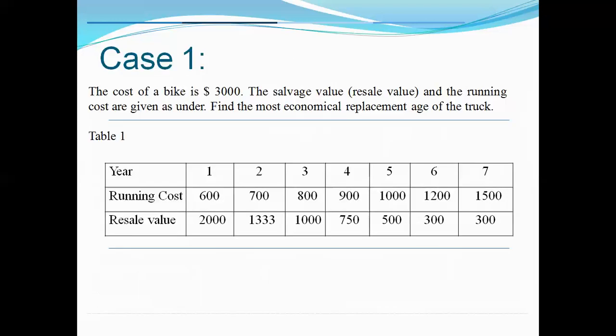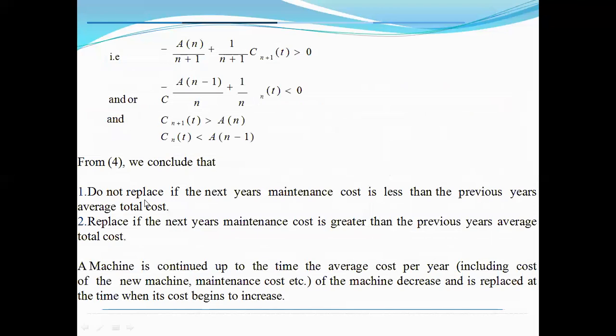So what is the major strategy here? The most economical replacement age of the truck. What is the most economical age that needs to be specified? Replacement is not necessary when the maintenance cost is less than the total average cost. If the maintenance cost is not less than the average cost, then it can be replaced.